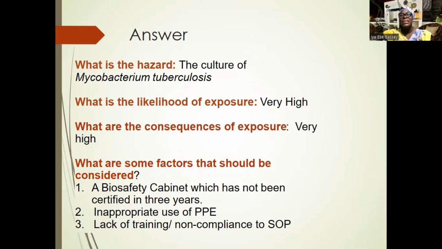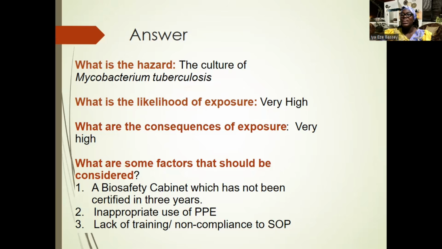When you come to things like Mycobacterium tuberculosis, every culture is guilty until proven innocent. So you need to protect yourself. You need to protect your life. You need to protect the people that you live with. So you shouldn't be wearing just surgical gloves and a surgical mask.